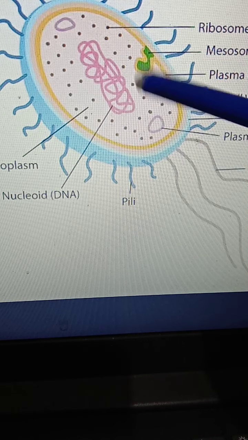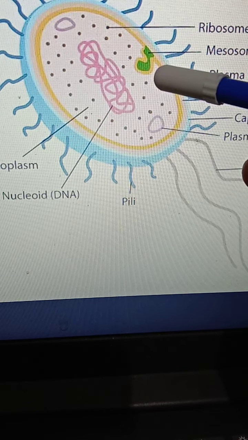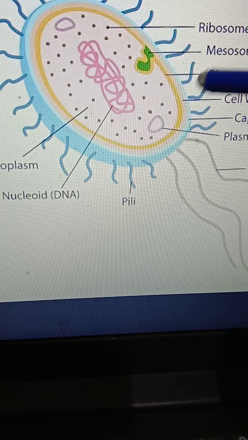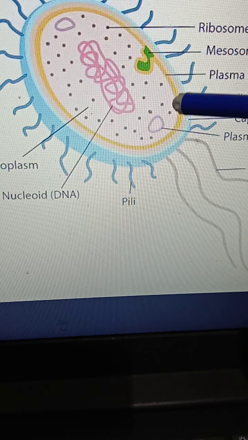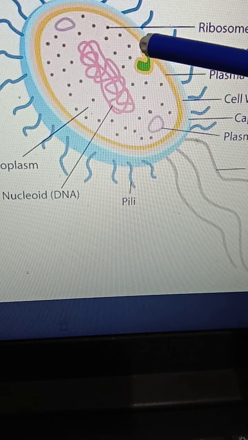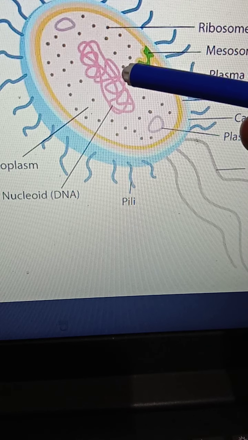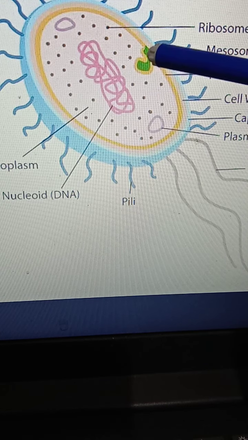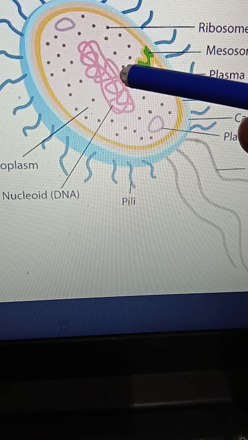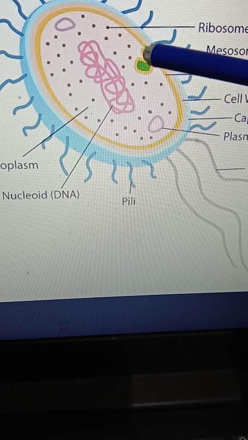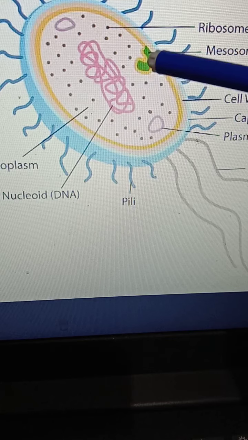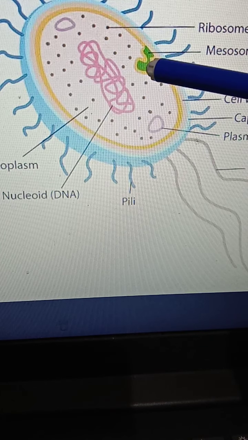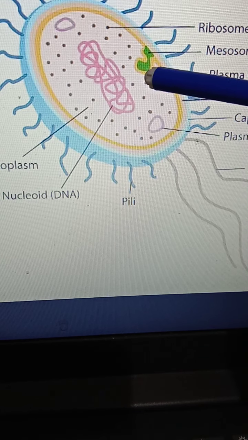See, the cell membrane is here. You can make out here, this is the orange boundary, the cell membrane, and it has made inversions. So the cell membrane itself makes an inversion to form the mesosome, and these mesosomes carry the respiratory pigments.